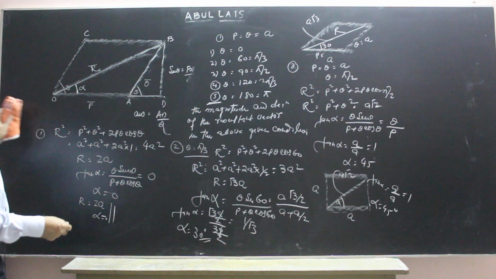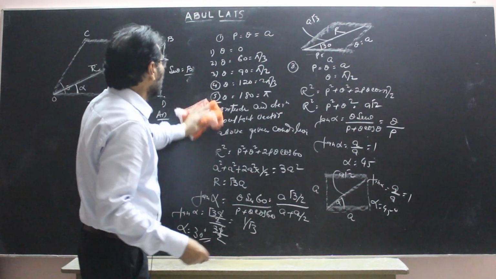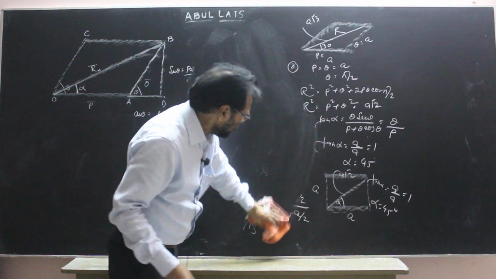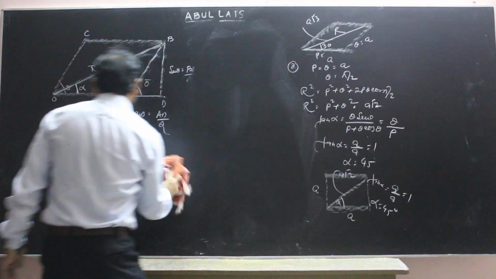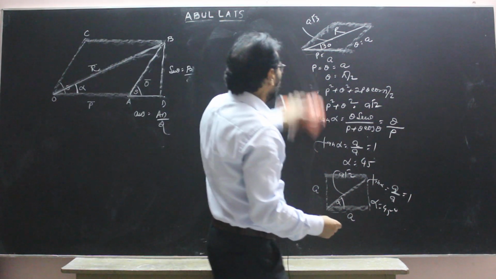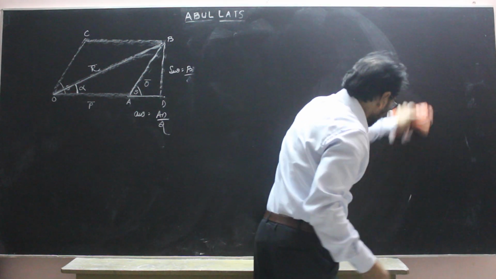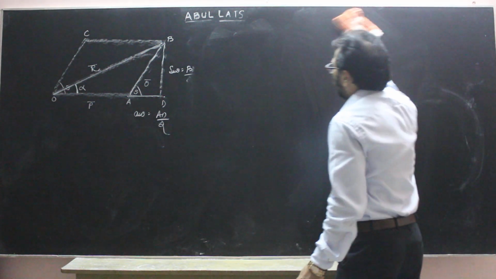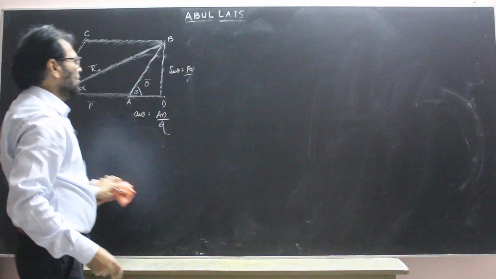Now theta is 120 and theta is 180. Then what is the resultant? If the angle between two vectors P and Q is 120 and both the vectors are equal, then what is the resultant both in magnitude and direction?